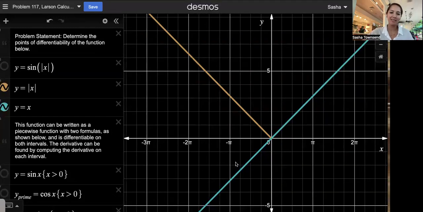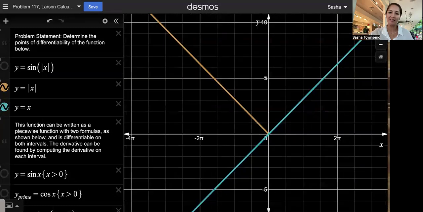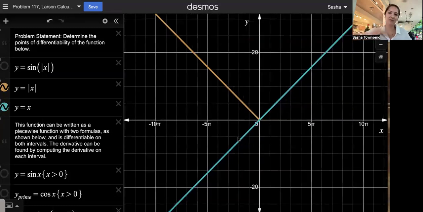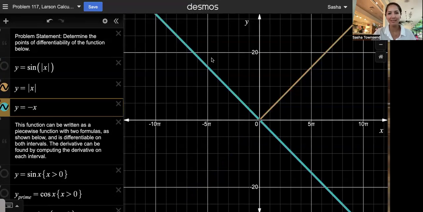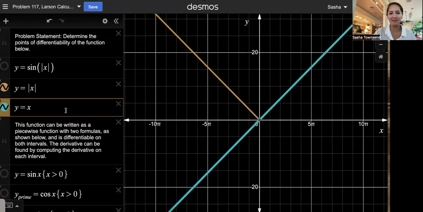So basically what it's doing is it's taking all of these values down here and flipping them across the x-axis. And that's why we get that V shape rather than either this line or the corresponding line, y equals negative x. But I think it's easy to see that y equals negative x on that side and y equals positive x on the other.